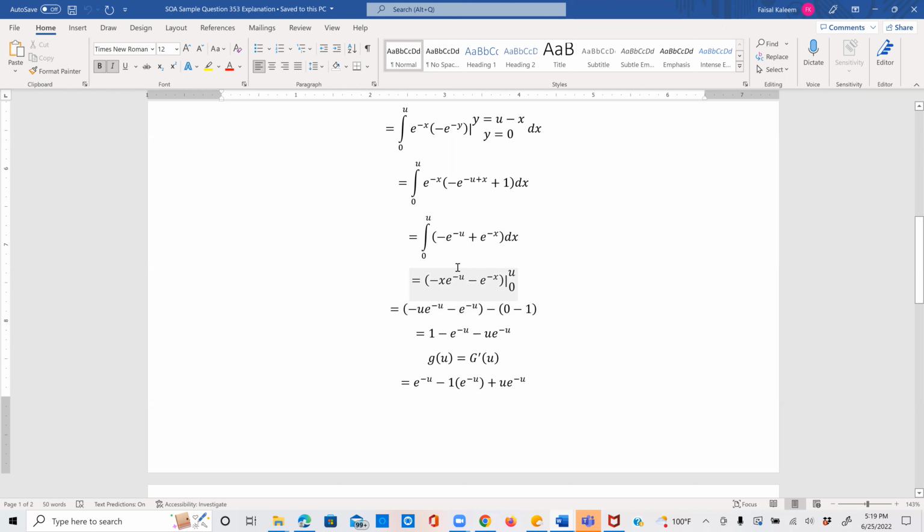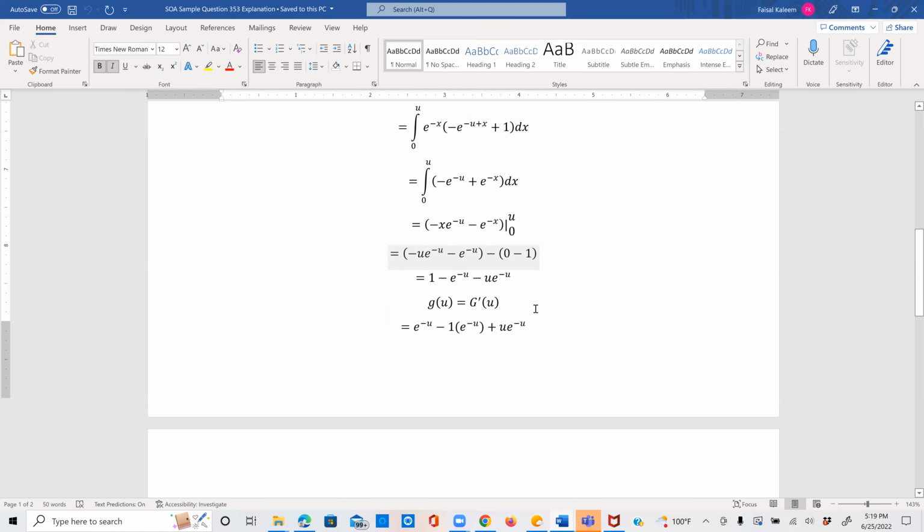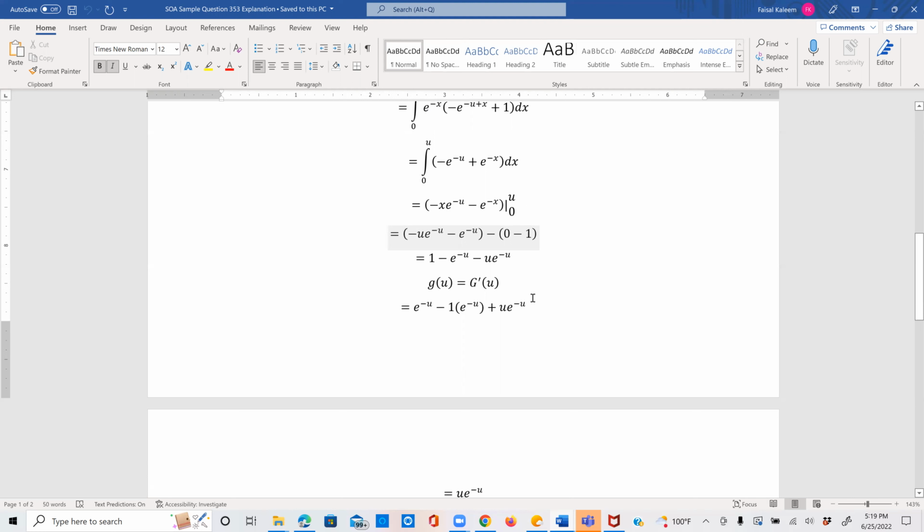When x is 0, this thing goes to 0, and here it's e to the 0, which is 1. So all this simplifies to 1 minus e to the negative u, which is this term, and minus u e to the negative u, which is this term.